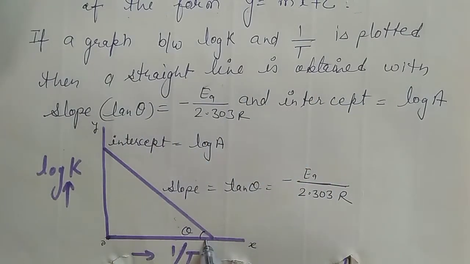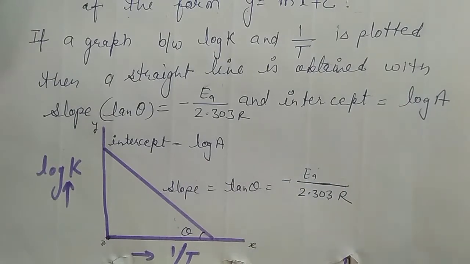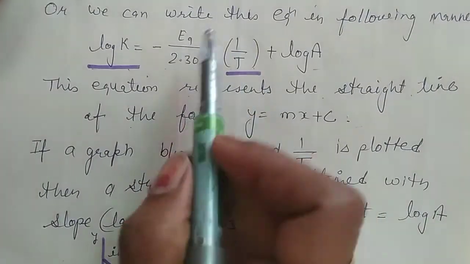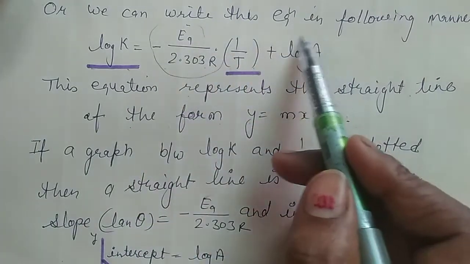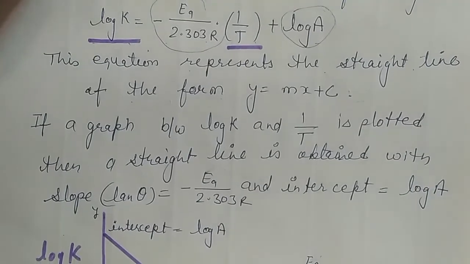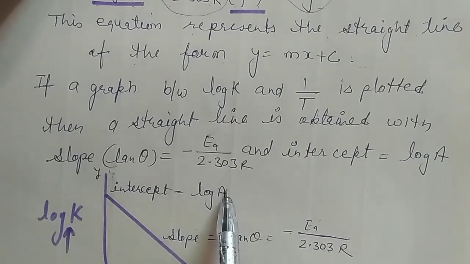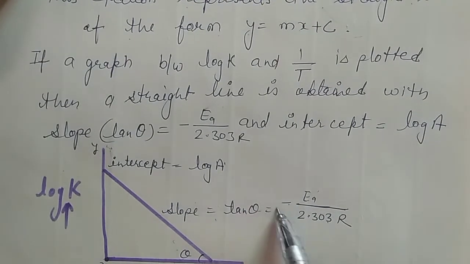This slope gives minus Ea upon 2.303 R, and the intercept shows log A.